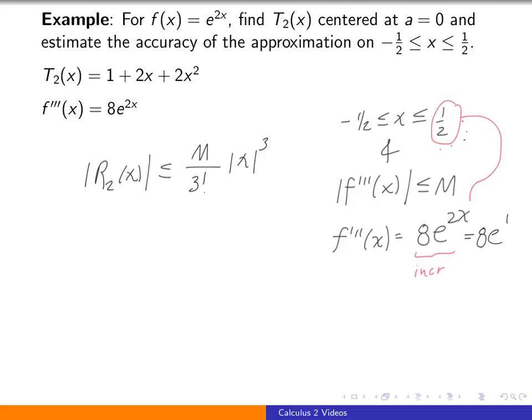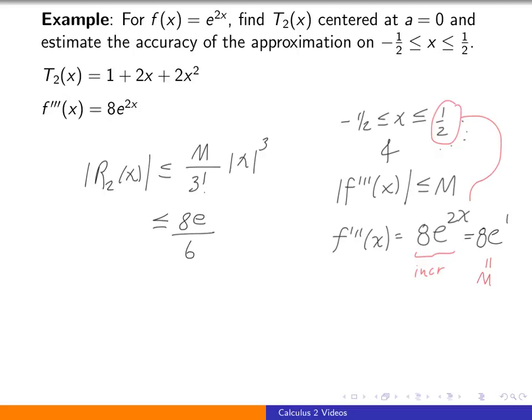And note that coming up with this value of M is typically going to require us to make some type of observation based upon that derivative, in this case a third derivative, being increasing, decreasing, or just how big can we make it on the given interval. So once again, this 8e is going to play the role of M. So this is less than or equal to 8e over 3 factorial, which is 6.